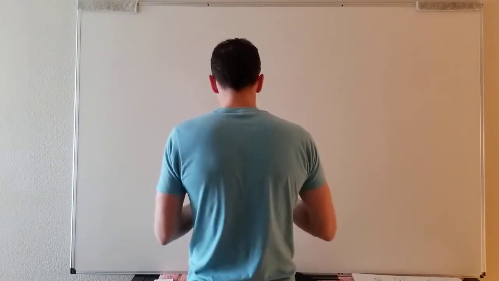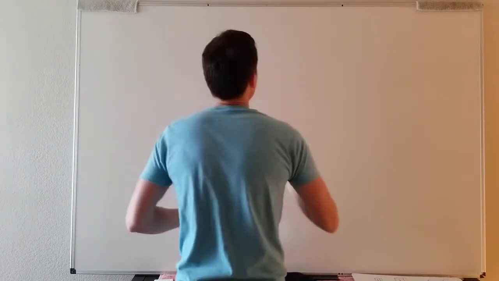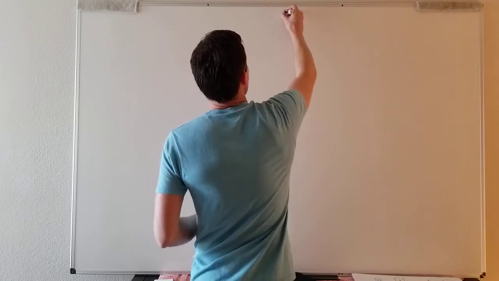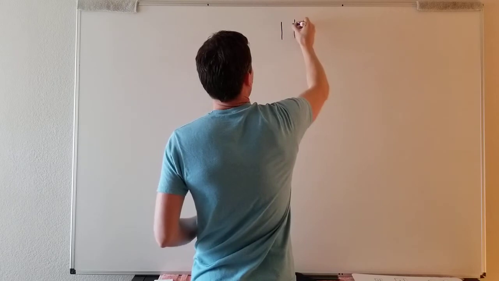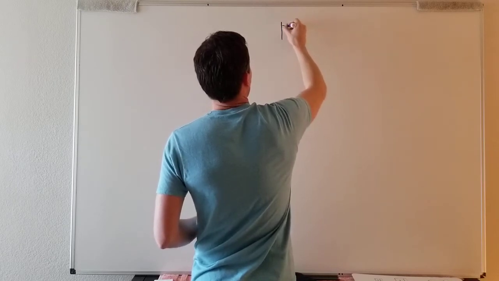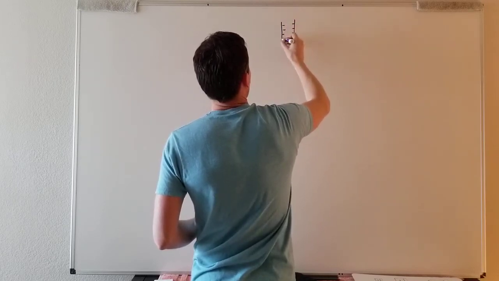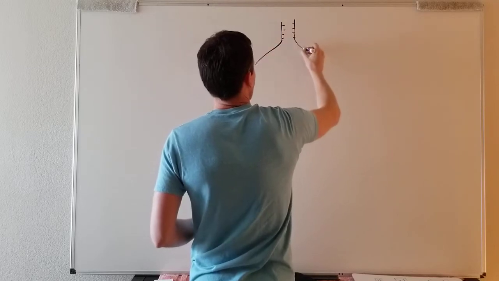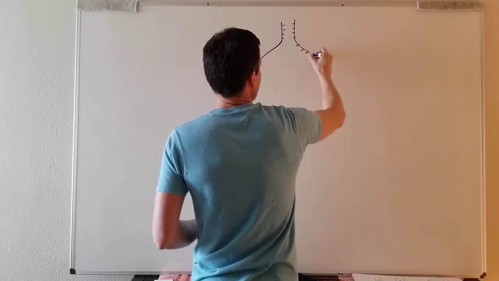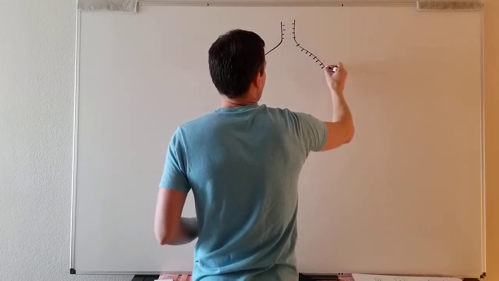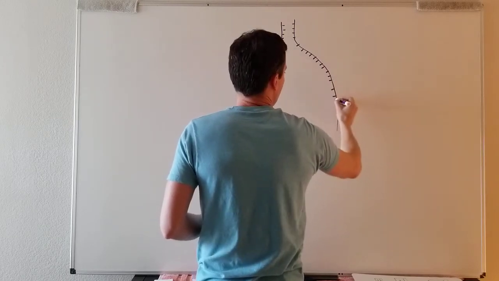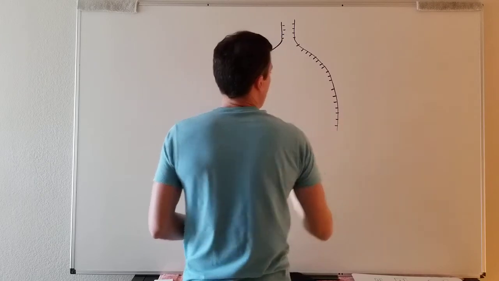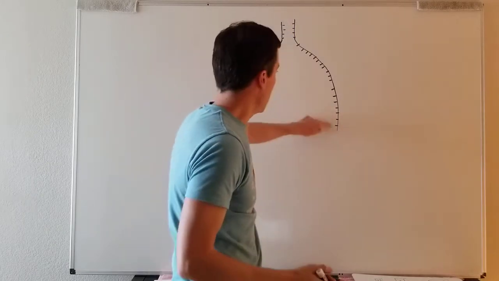Okay, so let's say that here's my strand of DNA, and I want to replicate DNA. So on this side over here, to make it easy, I'm just going to put all A's.